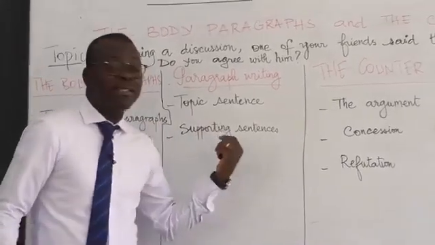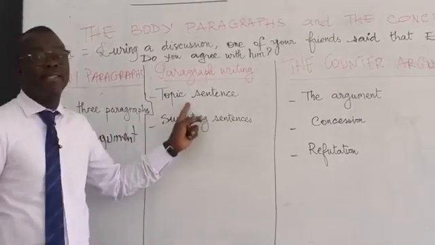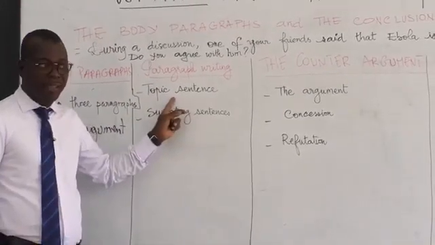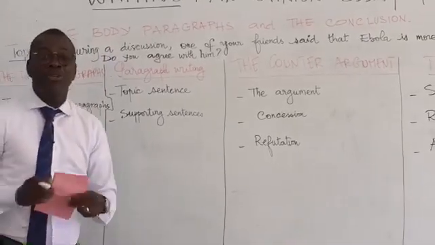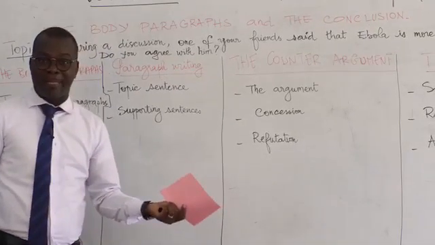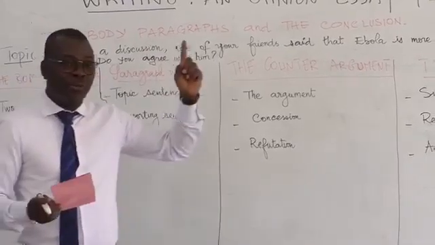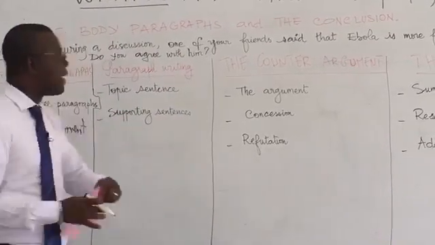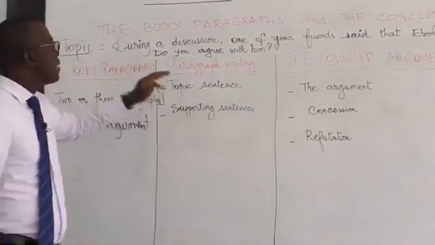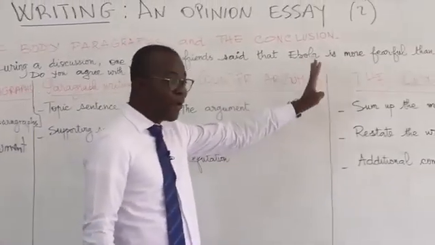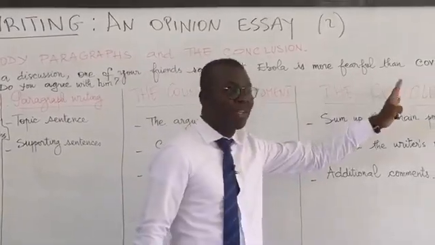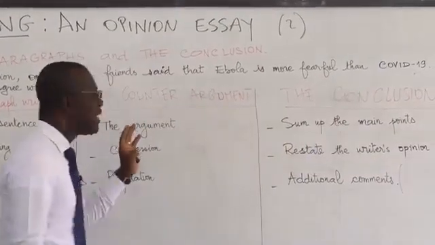A paragraph will start with a topic sentence. The topic sentence is nothing but your argument. Remember, I told you, when you have a topic like this one, for example, during a discussion, one of your friends said that Ebola is more fearful than COVID-19.